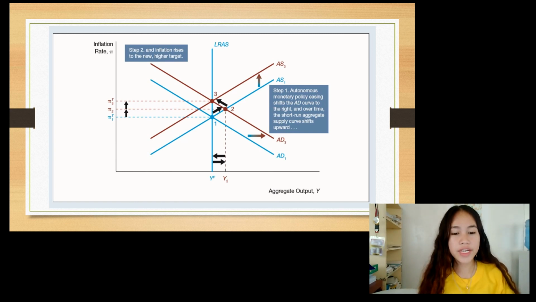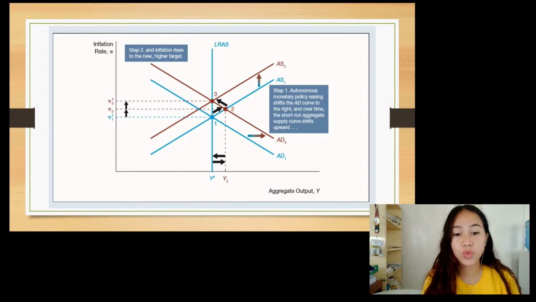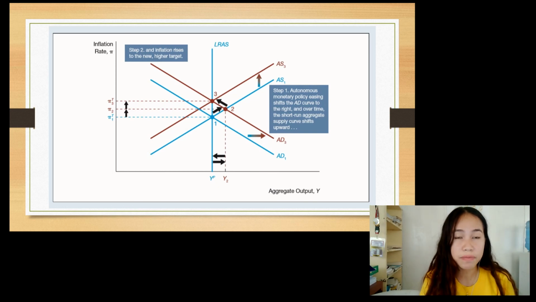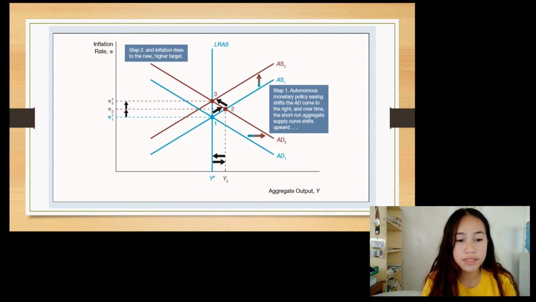To illustrate, look at Figure 8, where the economy is at point 1 with aggregate output at potential output YP and inflation at the initial target. Suppose the central bank believes this inflation target is too low and chooses to raise it to point 3. Then it eases monetary policy autonomously by lowering the real interest rate at any given inflation rate, thereby increasing investment spending and aggregate demand.